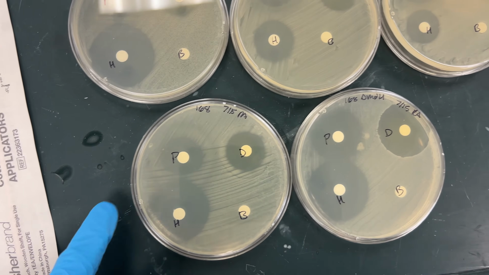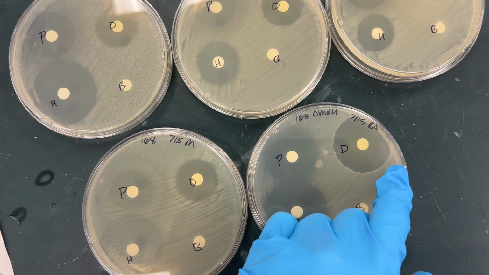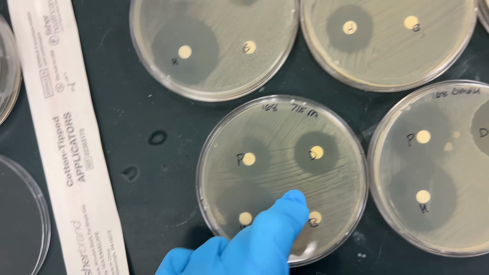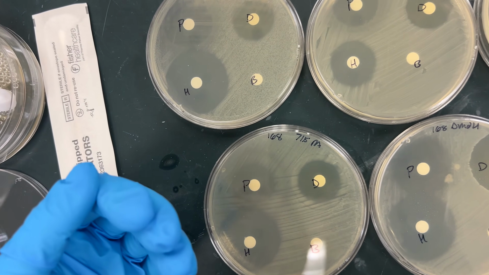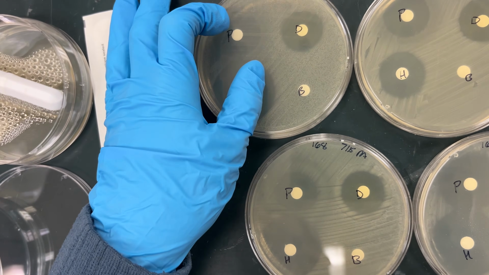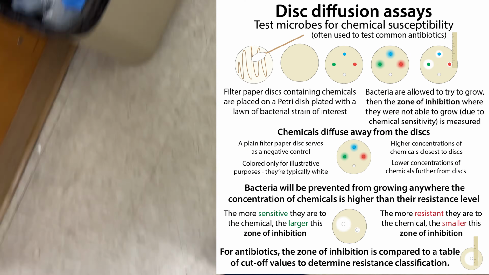Similarly, if we look at these strains, we can see that this bacteria is much more susceptible to diamide than this strain. And so we can actually quantitate this using a little measuring tool. You can either use a ruler or one of those fancy things that I need to go and grab.